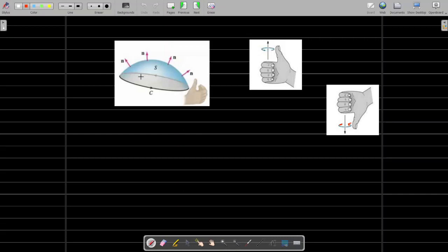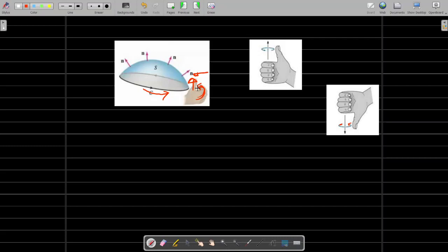We will consider one more example here. This is the thumb rule that I was talking about. These fingers are directed in the positive direction of C. This thumb is directed in the orientation of sigma. So that is the connection between the orientation of sigma and the positive direction of C. If you are holding your fingers in the orientation of C, then your thumb will give you the orientation of sigma.